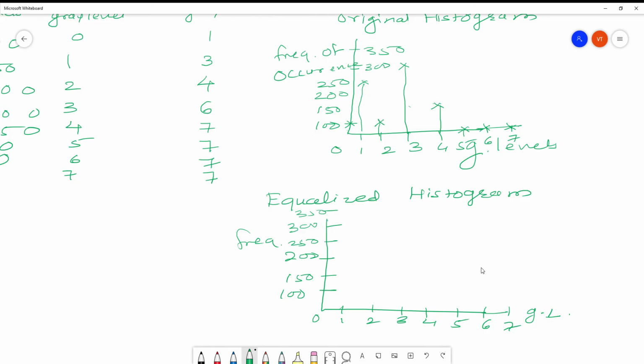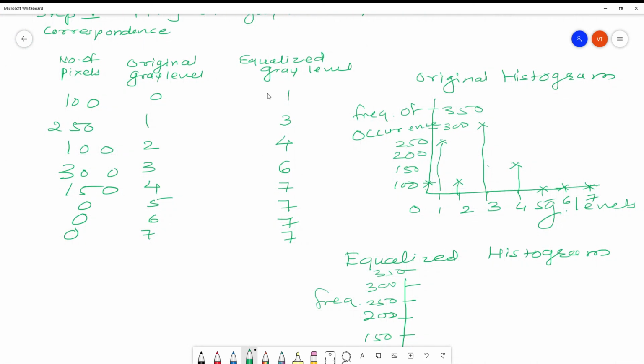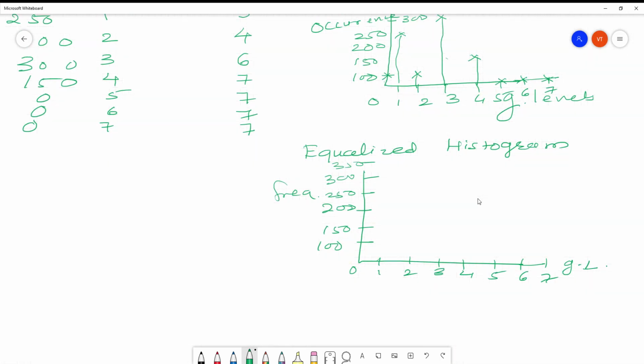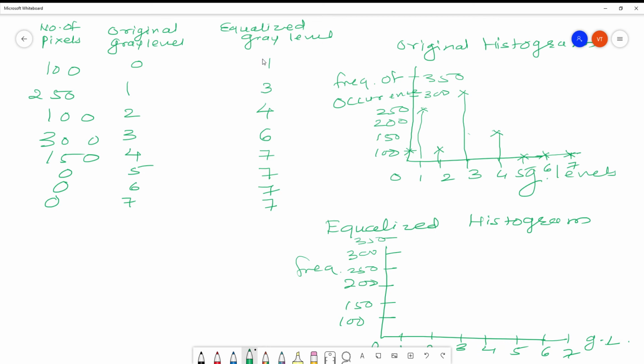For 0 it is 0, right? Now you can see this table. Here you can see 0 is not present in the equalized gray level values. For 0, how many pixels are there? 0. Now 1. For 1 you have 100 pixels, right? So we'll plot here 100.